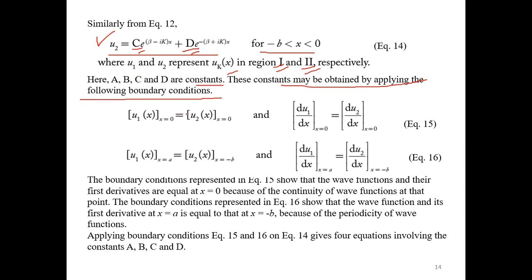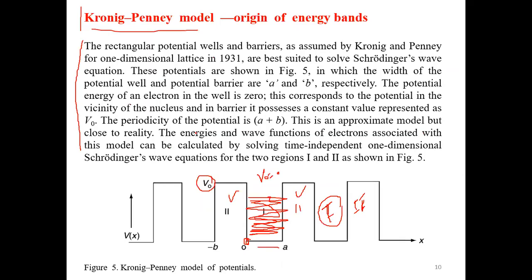boundary conditions. What are the boundary conditions? The boundary condition is for region 1 and region 2 at x equal to 0. If you go back to the figure, the value at x equal to 0 and x equal to a will be the same.